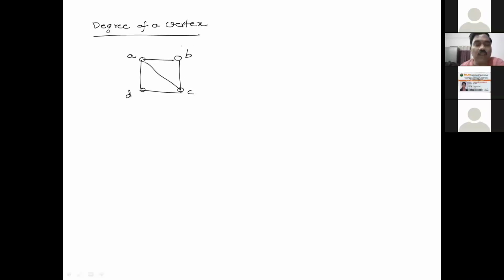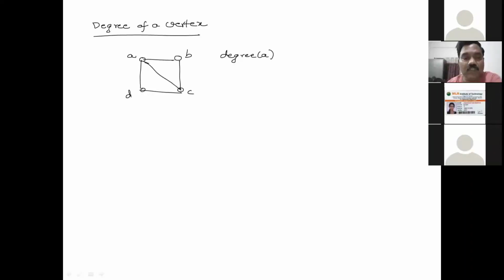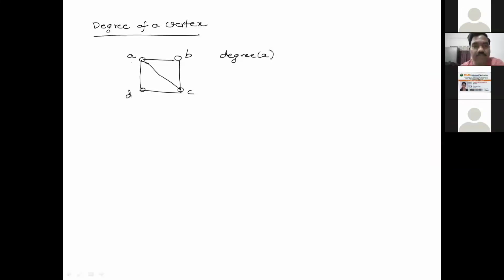Now we are talking about a term called the degree of a vertex. What is the degree of A? The degree of A refers to how many edges there are at the vertex A. How many edges are there at the vertex A? 3.